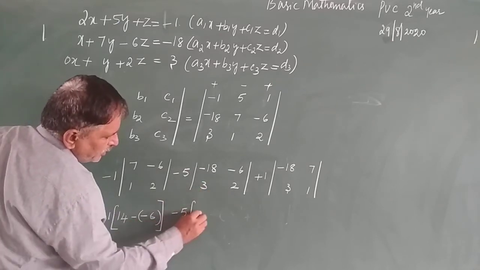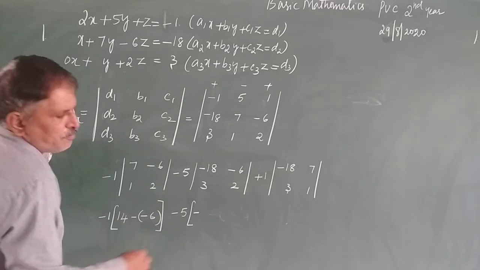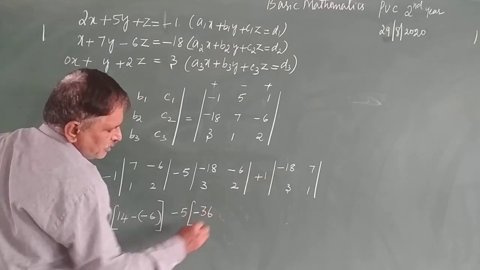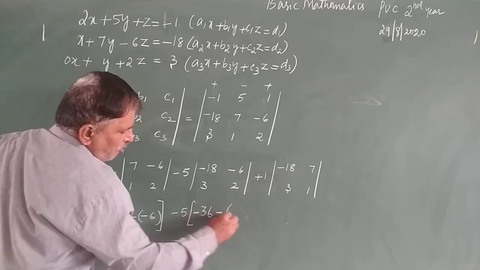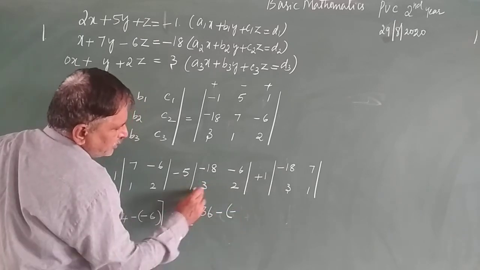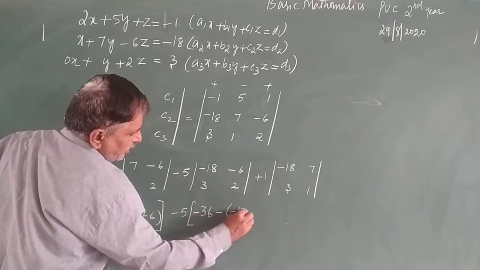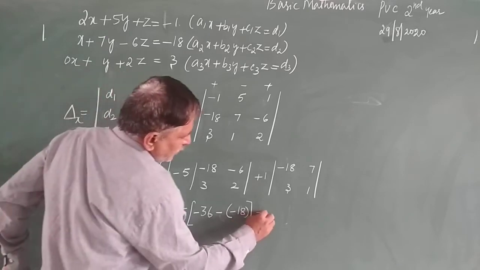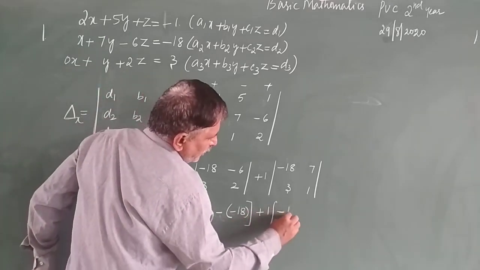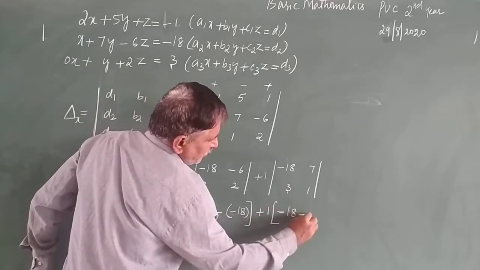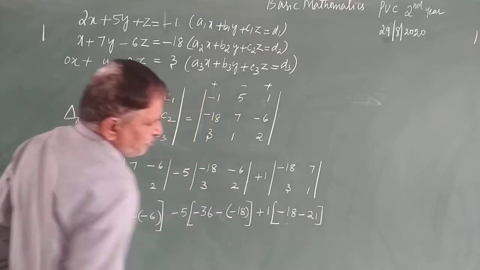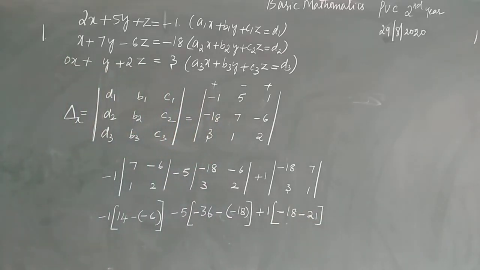Plus into minus, minus. 18 twos are 36. Minus of, plus into minus, minus, 6 threes are 18. Plus 1, minus 18, minus 7 threes are 21.